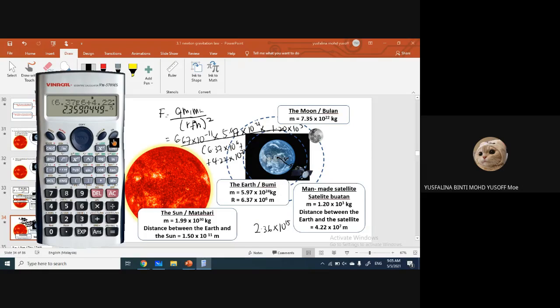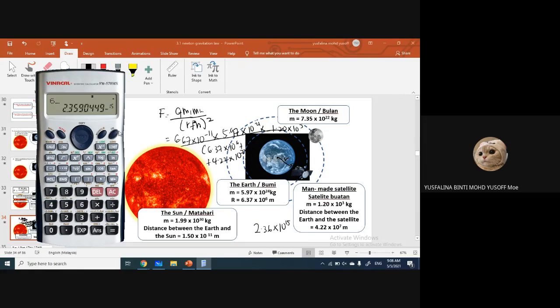The next part, you can calculate 6.67 exponent negative 11, and then multiply by 5.97 exponent 24, and then the mass of the satellite, 1.2 exponent 3.